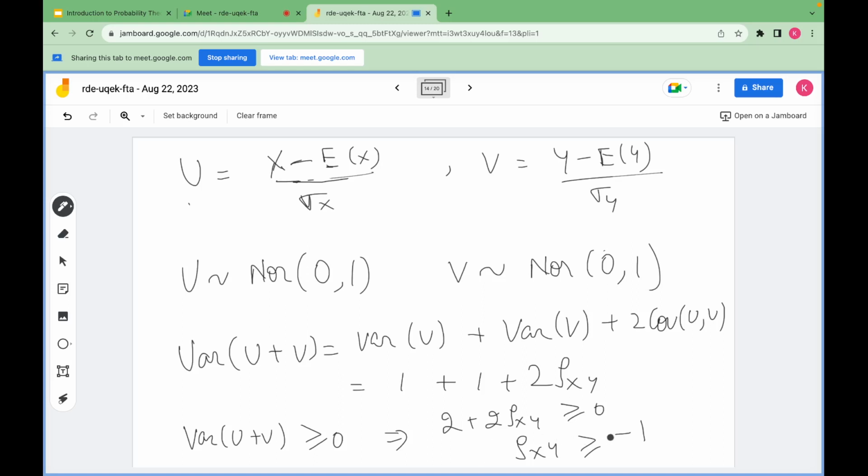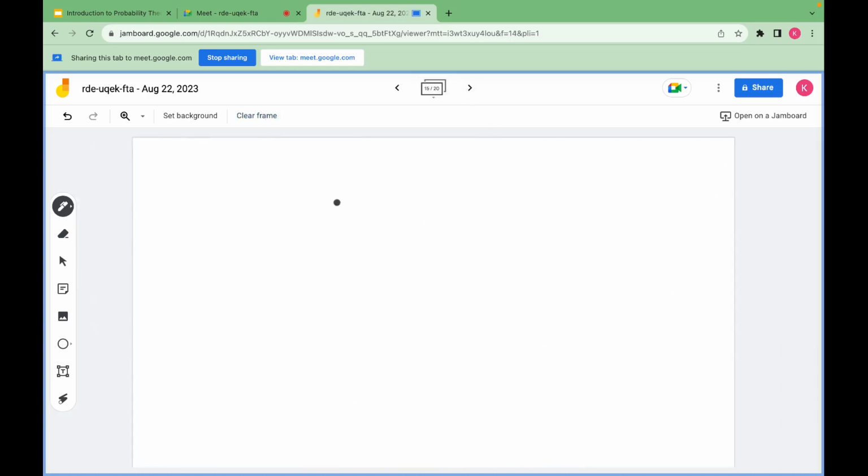From this it can be concluded. And also, if we take minus x, then rho of minus x comma y will also be greater than or equal to minus 1.